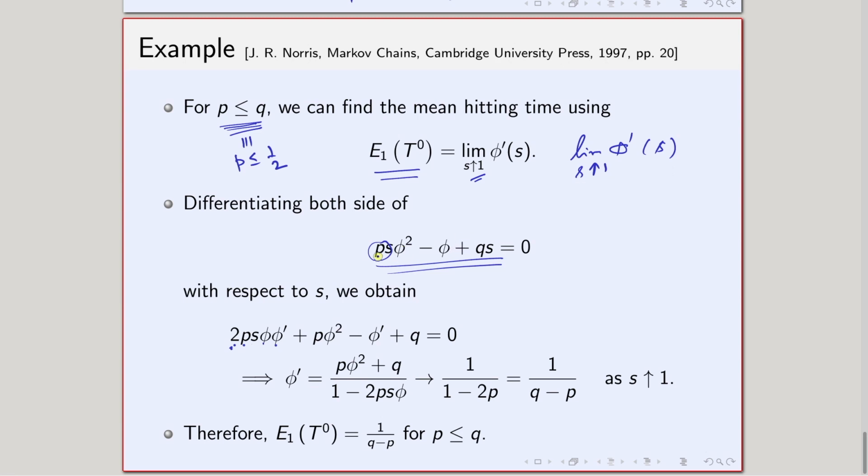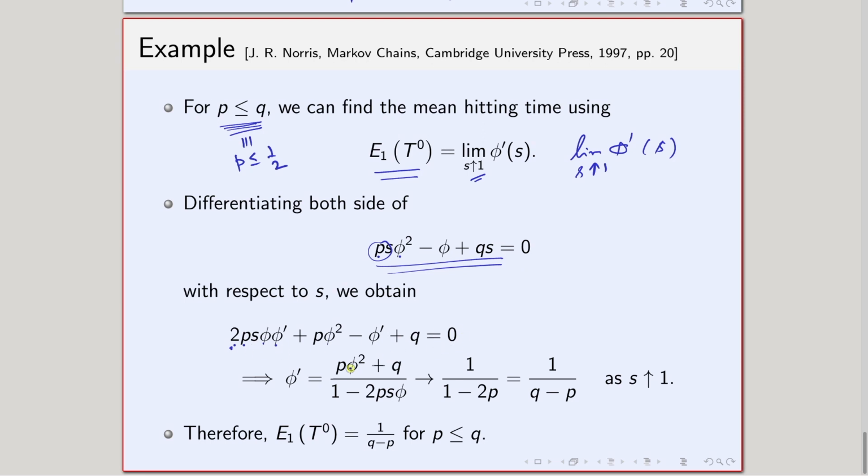Then I take p phi s square, and the derivative of s gives me this, minus the derivative of phi, and finally the derivative of qs, which is q. Okay, and which has to be equal to 1.